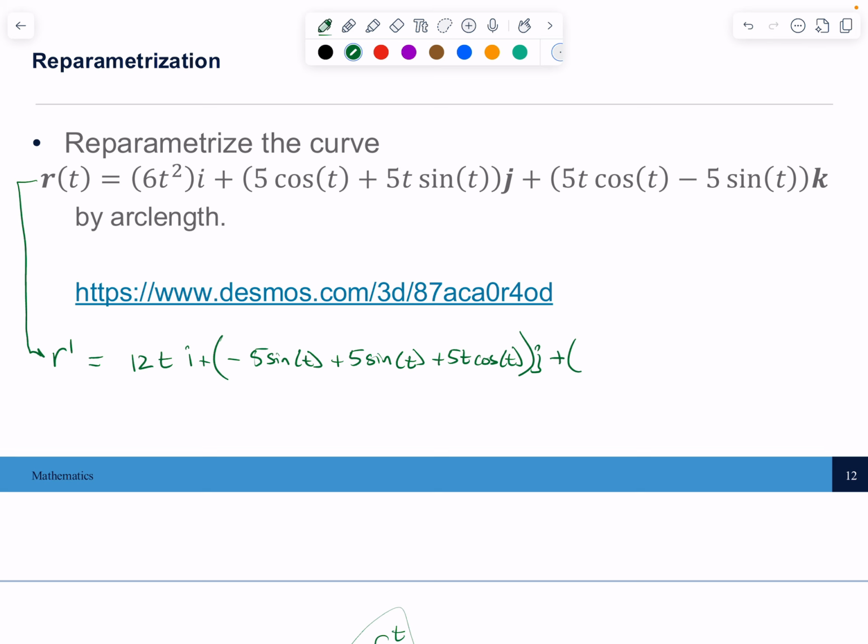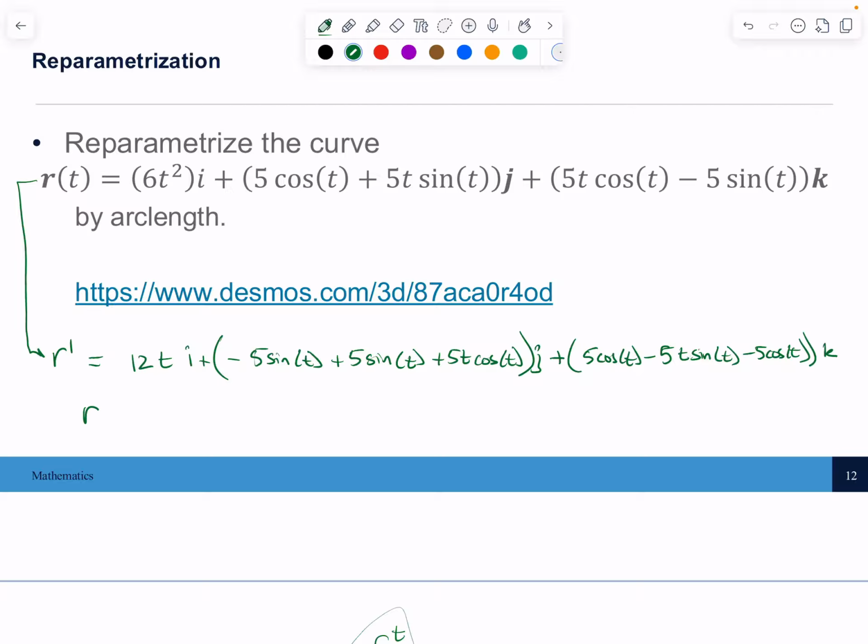Give me a sec here. 5 times the cosine. Product rule. Okay, so that's going to be minus 5t sine. Okay, I think I got everything there.